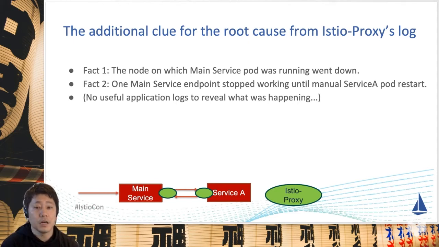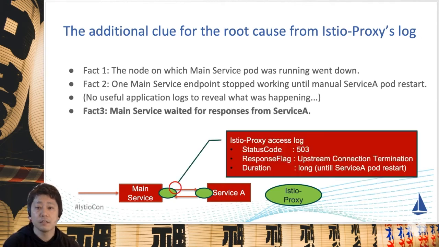Next, we checked Istio proxy's log, and we found abnormal records when connecting from main service to service A. There were a lot of upstream connection terminations when the service A pod restarted.